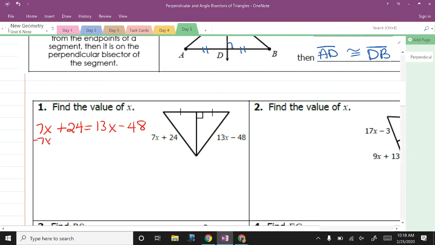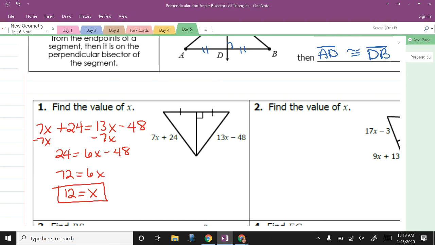Subtracting 7x on both sides, 24 equals 6x minus 48. Then I add 48 to both sides. What's 24 plus 48? 72 equals 6x. Divide by 6 and x equals 12. Now, all it said to do was solve for x, correct? If it wanted us to find one of the segments, we could, couldn't we?